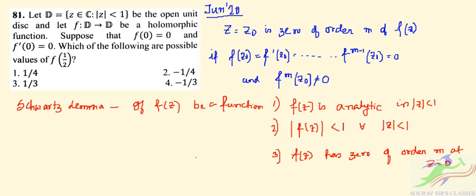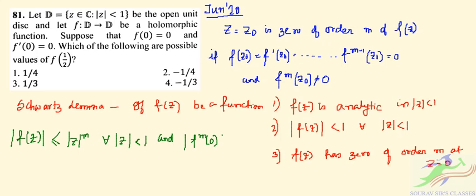Then from here we can say that mod of f(z) will always be less than or equal to mod z to the power m for all mod z less than 1, and mod f^(m)(0) is always less than or equal to m.